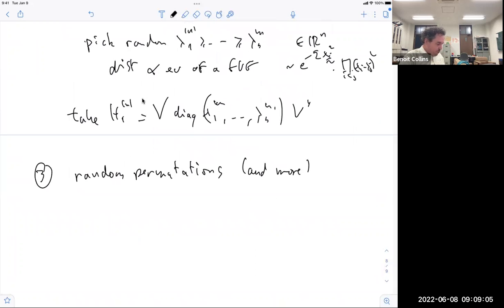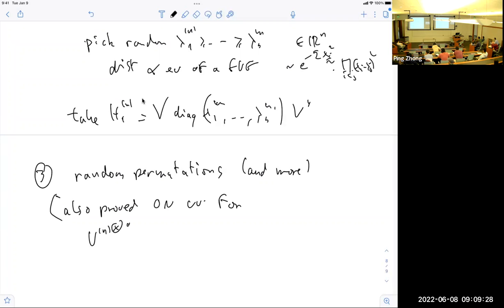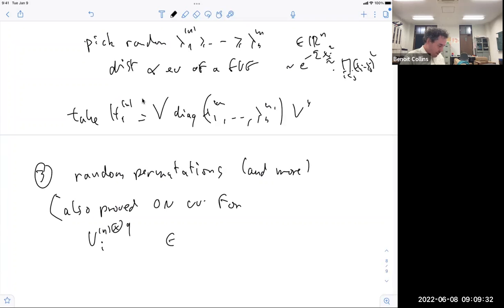So, for example, one of the things which we also proved is the operator norm convergence for random matrices like this, for U_N tensor Q times, which are matrices in M_N tensor Q times.